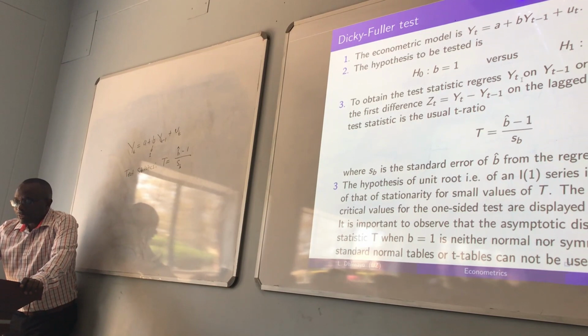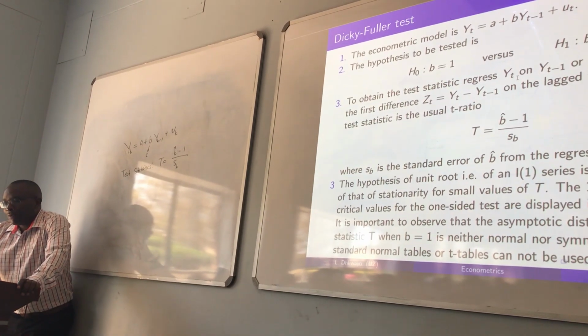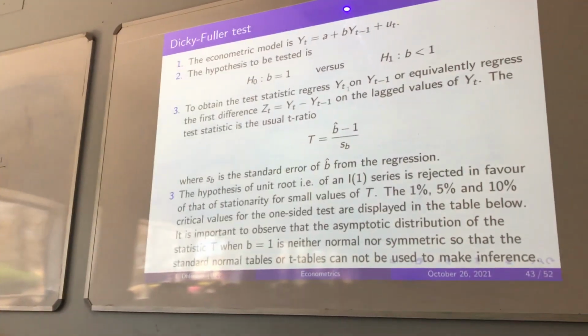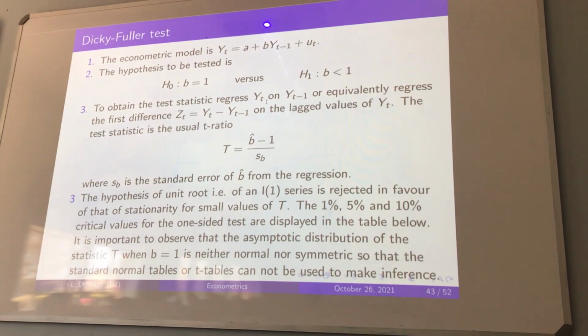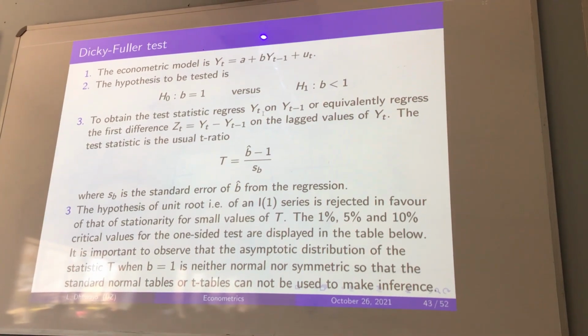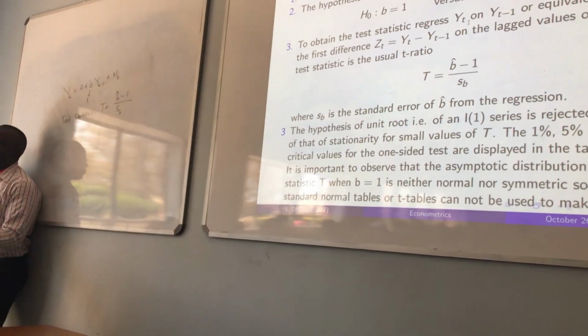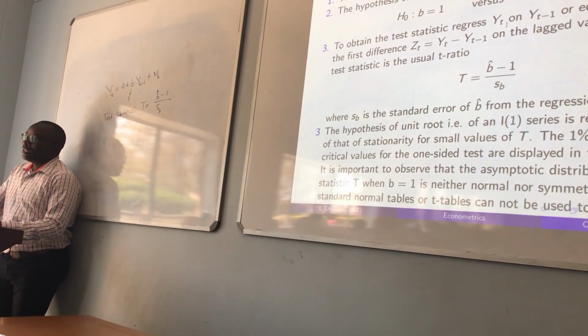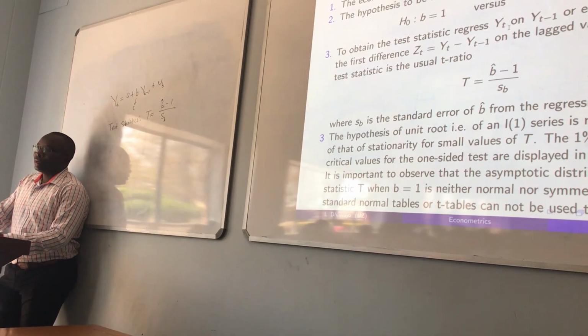The hypothesis of the unit root, that is an I(1) series, is rejected in favor of stationarity for small values of t. We reject H naught for small values of t. It's the opposite of what you usually know, where we reject for large values of t. Now we are saying reject for small values of t.